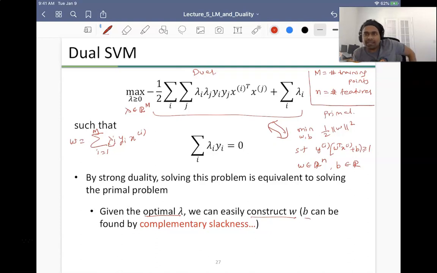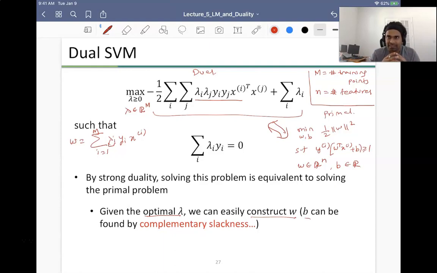Basically, what it means is that my lambda parameter is in R raised to M. So if M is very, very large, the dual problem can become problematic. And we'll actually see issues with the dual because it also turns out it's quadratic. So this is one issue with the dual. But conversely, the dual problem has some good characteristics from an optimization perspective. Unfortunately, this is a little bit out of scope of this course.